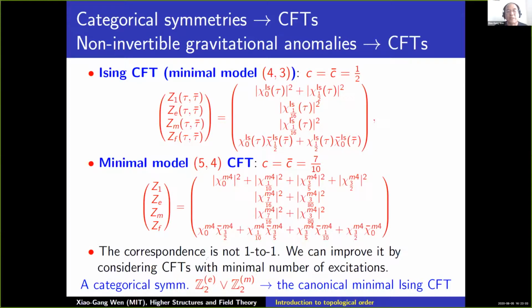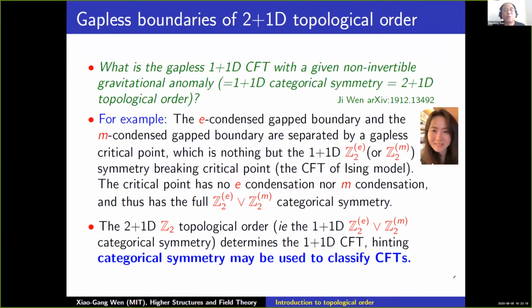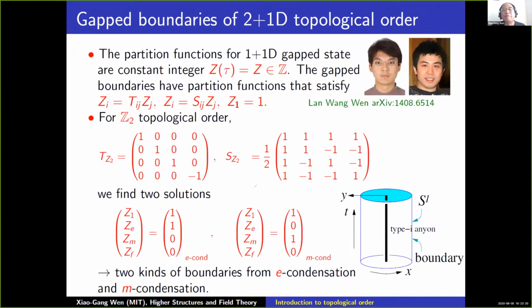So this correspondence really is a representation of this categorical symmetry equal to CFT. We hope we have something like that, but I think we only have something very partial. That is, we view deriving the representation like solving this kind of modular covariant equation, but we don't have a better way.